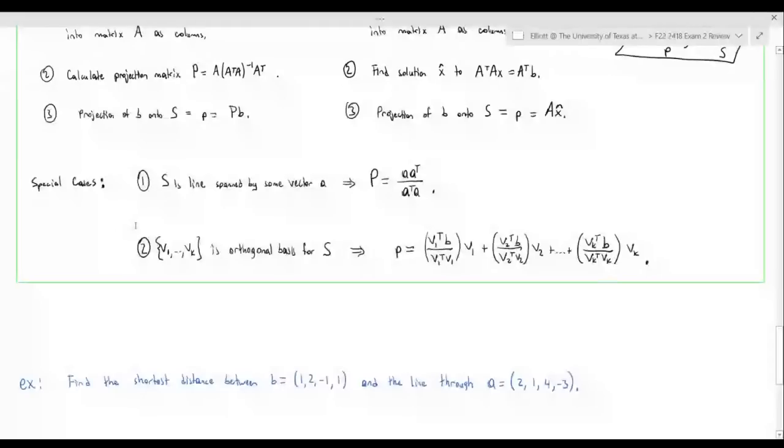Also, this came up in your last homework assignment, 9, I guess. If you have orthogonal vectors, you can also calculate the projection vector as a linear combination of those orthogonal vectors using this formula here, okay?